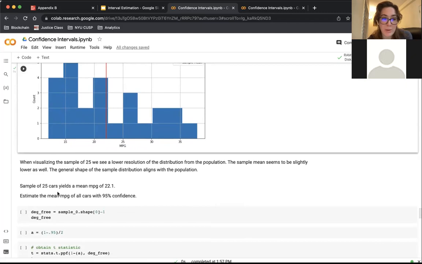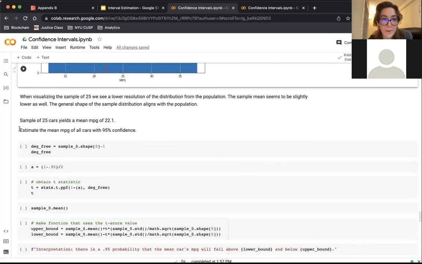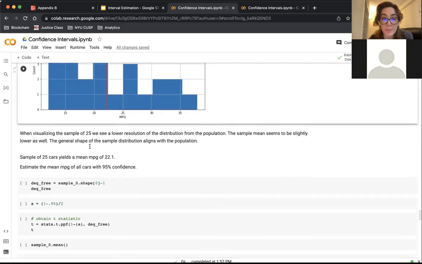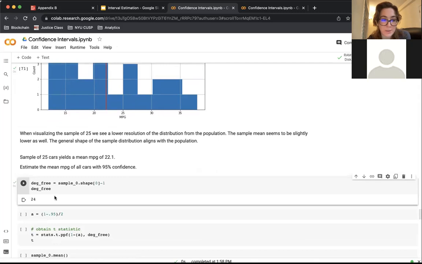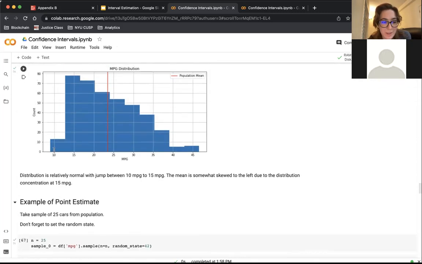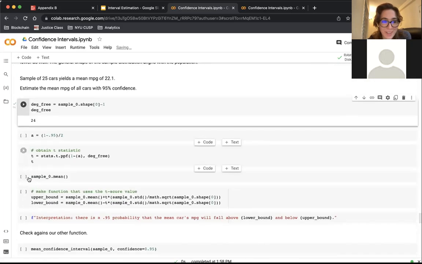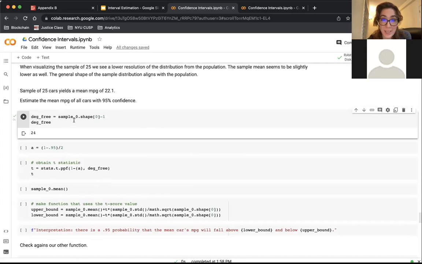So a sample of 25 cars yields a mean of 22.1. Let's estimate the mean of all cars in the population with 95% confidence using this sample. Because there might be issues if you read in a data frame as df, you can't use df for degrees of freedom, since it'll override that.